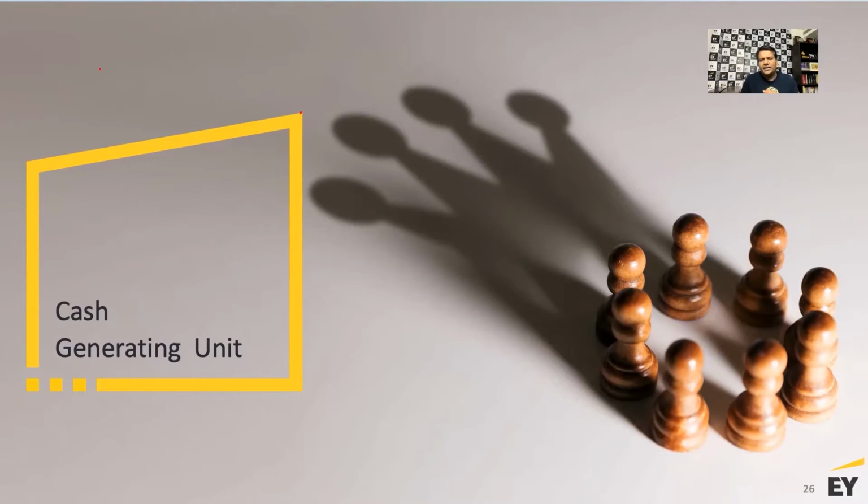Ordinarily, the way we see this, let me give you a very simple example. Let's say a business which has multiple divisions, division A, B, C, D. Ordinarily, you see that division A is actually a cash generating unit, B is another, C is another. So these divisions are operating independent of other divisions. However, it may so happen that division A and B are very, very closely related to each other.